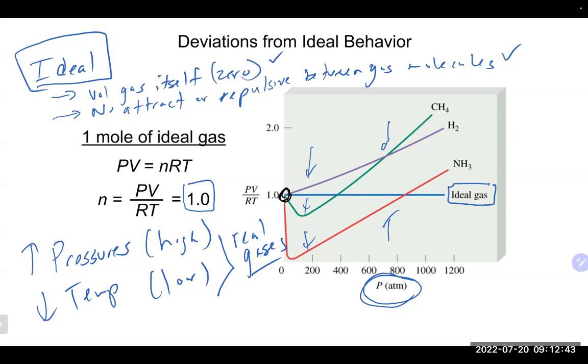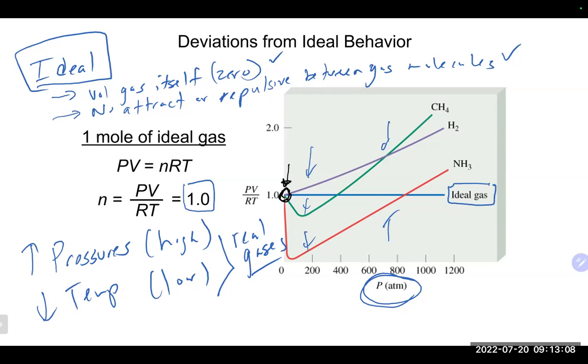But obviously, as you travel to 100 atmospheres, 200 atmospheres, that's some serious pressure, and we get a lot of deviation. That's why under normal conditions we assume an ideal situation, because even outside of 1 atmosphere, it's still going to behave relatively ideally. It's not really until you get to those really big pressures that you start seeing a lot of deviation.